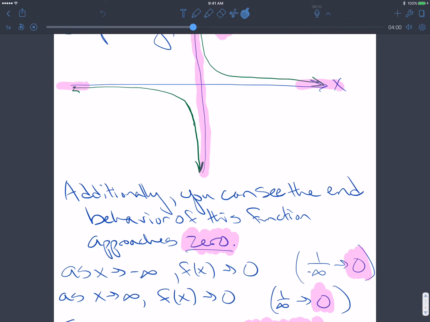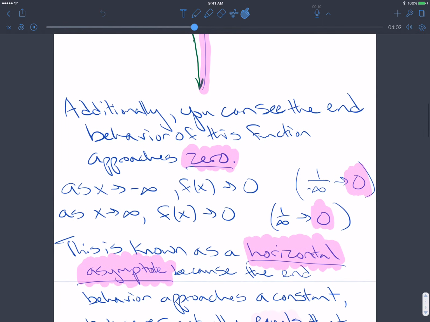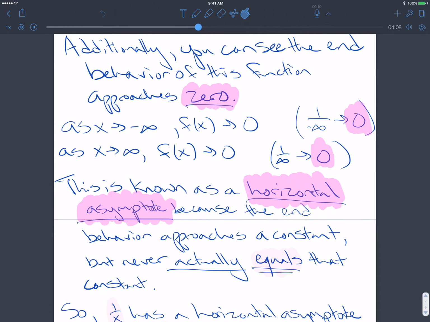It never actually reaches the y value that it's approaching. You can't plug in that y value and get something back, but the end behavior is approaching a constant. It's not going to infinity. It's going to some specific value, and that value is the horizontal asymptote. Because it's going there but never actually equals that value, it's an asymptote.